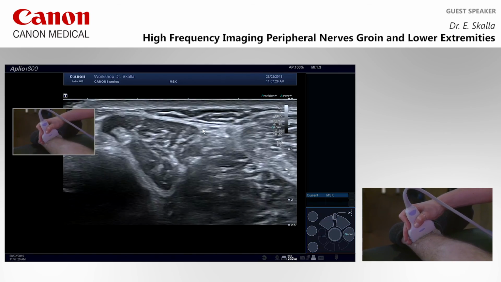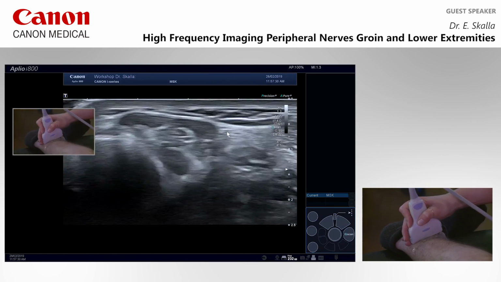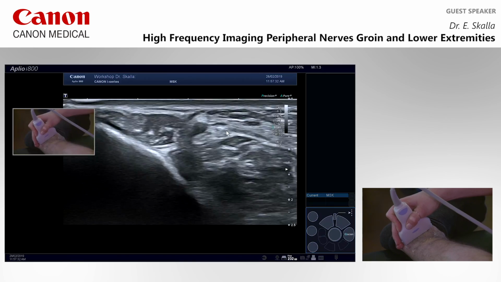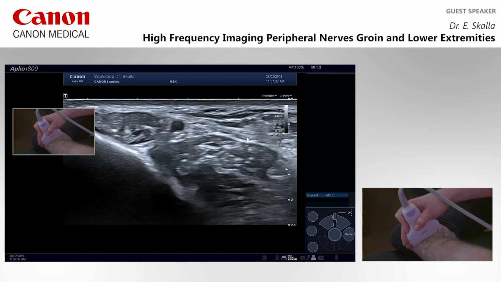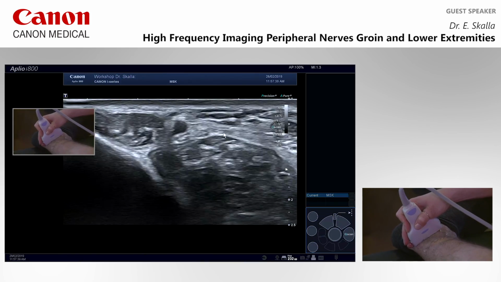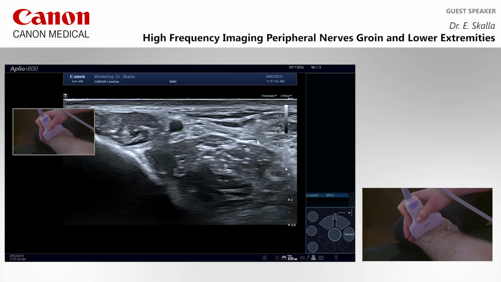It's here, one branch. And there are subfascial. Here's another one. You see these small bubbles running under the flexor retinaculum.